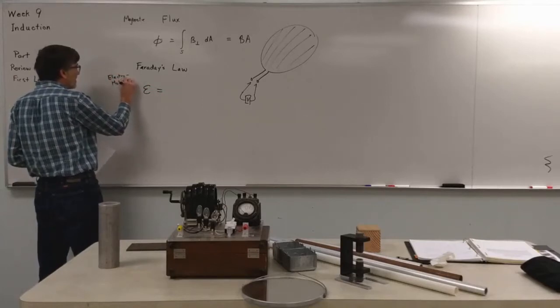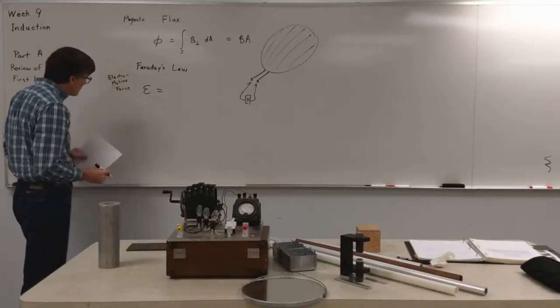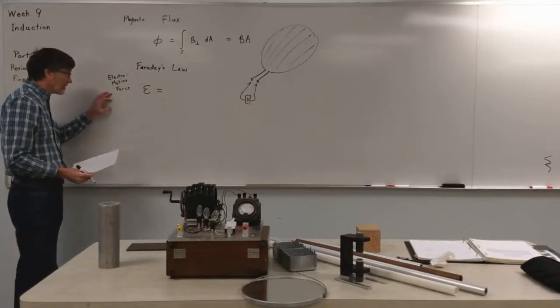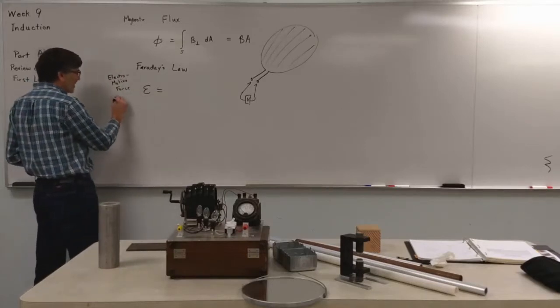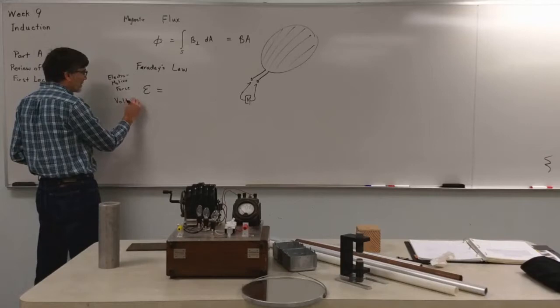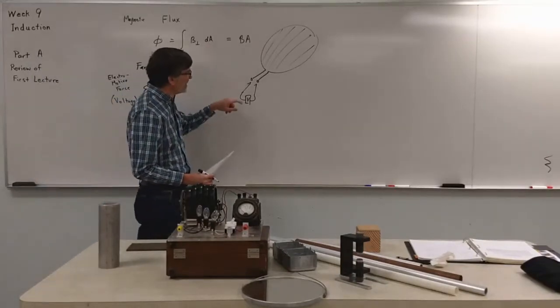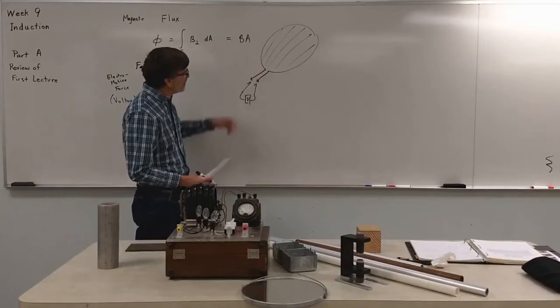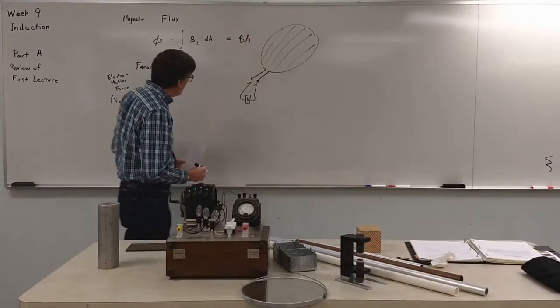Faraday's law says that the EMF, this is the electromotive force, which is not an electric field, and it's not a force, and it's not energy, it's not any of those things. It's more like a voltage, except that it's a voltage that's sort of distributed all around here, and you could connect the loop and not have it be anywhere in particular if you had just a closed loop.